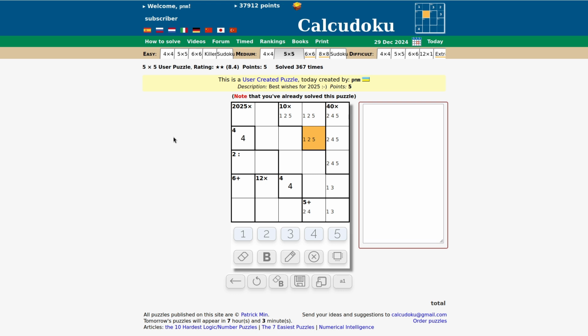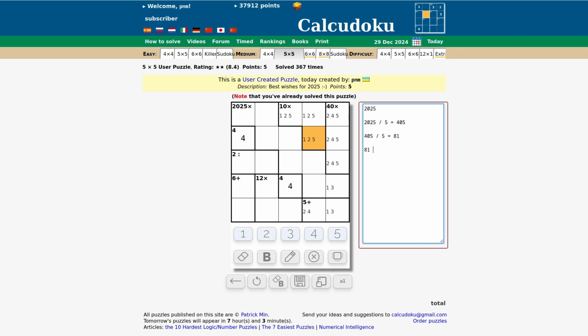And now maybe let's look at this 2025 clue and compute the numbers that you have to multiply together to get 2025. Well, obviously it's divisible by 5, which gives 405, which in turn is also divisible by 5, which gives 81.